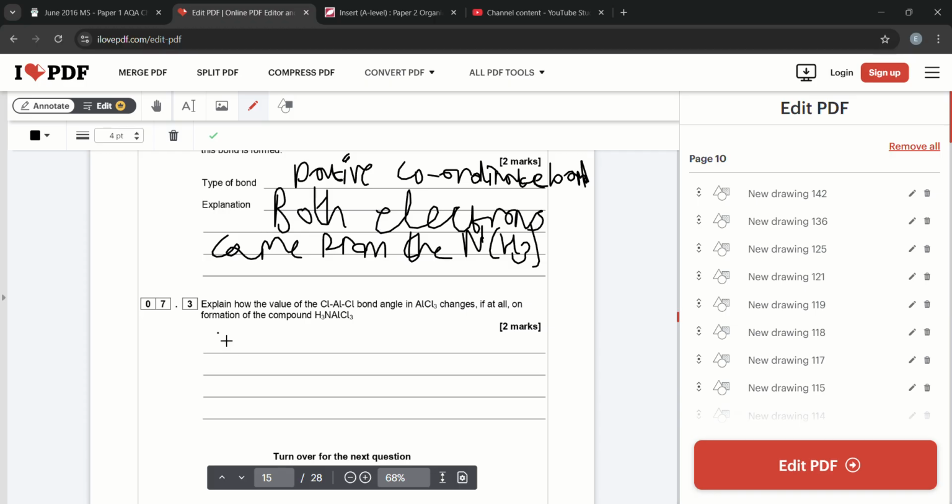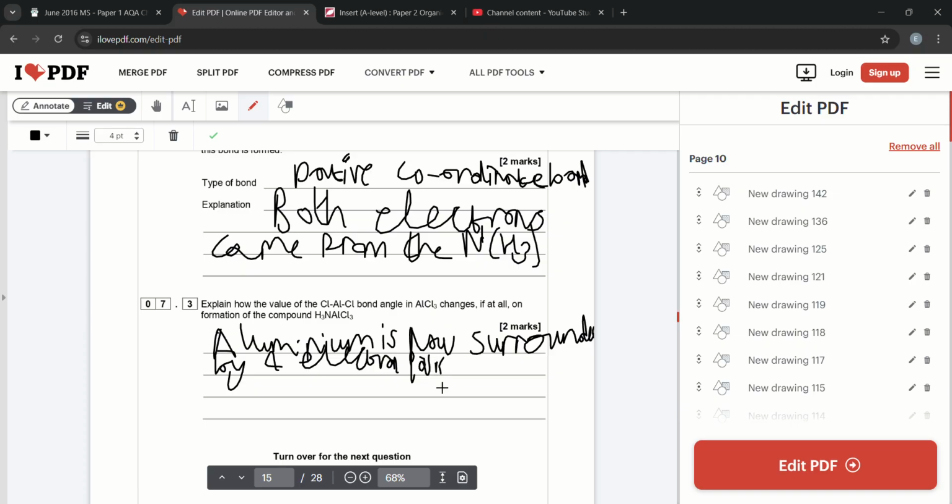Well, the bond angle, think about aluminium now, it's now surrounded by 4 electron pairs, aka tetrahedral.